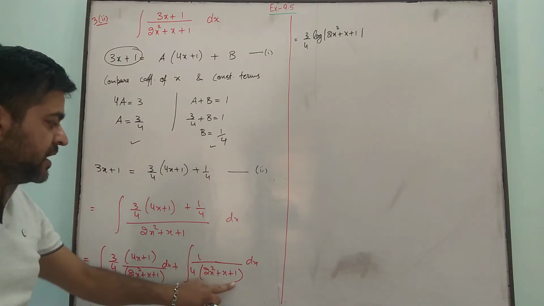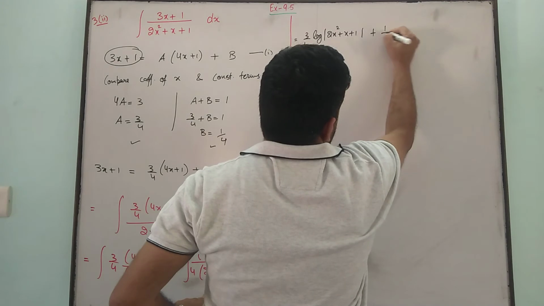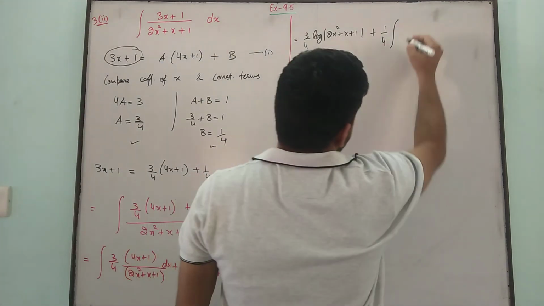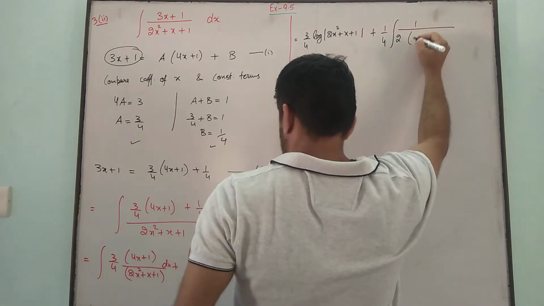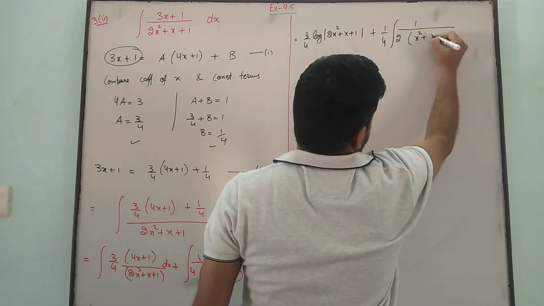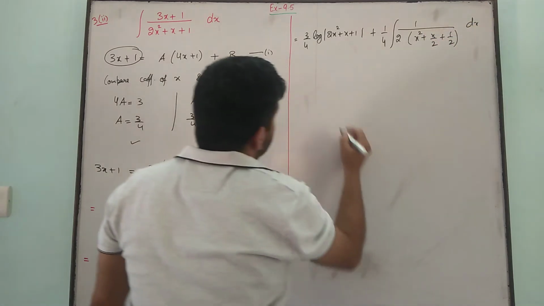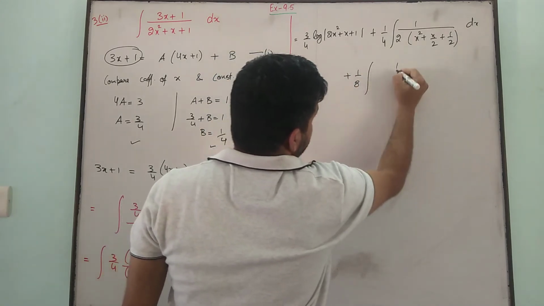For this integral, we have to use the completing the square method. That is 1 by 4 integral of, take 2 common, x square plus x by 2 plus 1 by 2. So we got 1 upon 8.